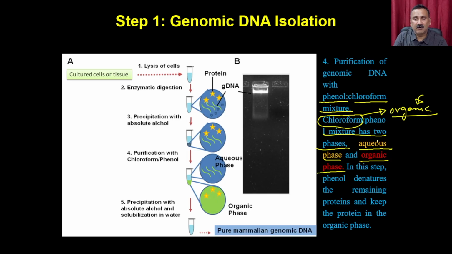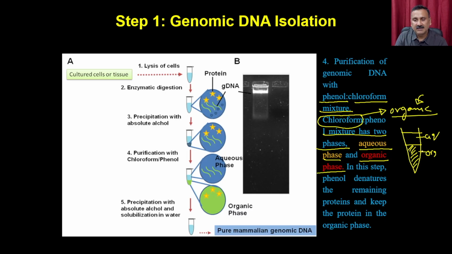As a result, in an Eppendorf you are going to have two phases: this is the aqueous phase and this is the organic phase. All the molecules which are soluble in organic solvents, such as lipids and other kinds of molecules, will be present in this, whereas the DNA and RNA are going to be present in the aqueous phase.